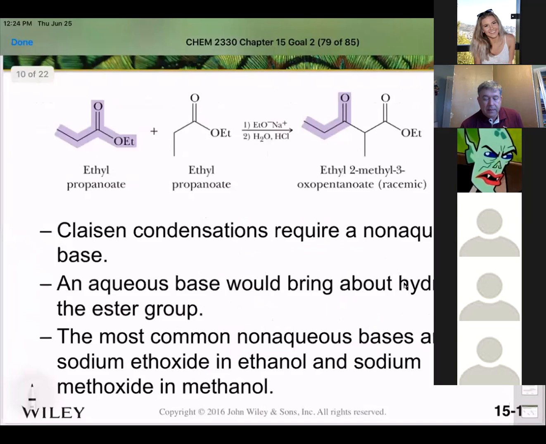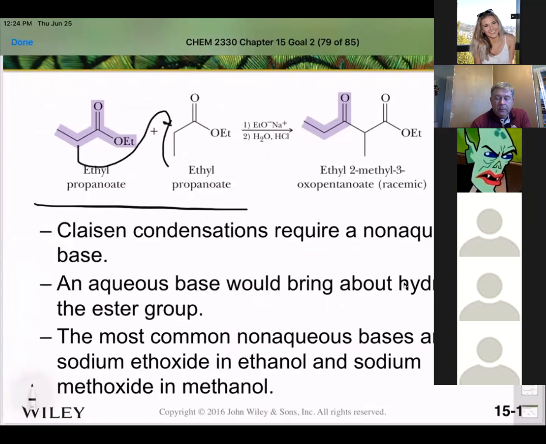It means you have two substrates and you selectively show which one's going to attack where. And that same thing happens in the Claisen condensation. Notice this one right here is two of the exact same materials. We're deprotonating here, and then it's attacking the carbonyl to give us our substrate here. Yeah, let me redraw that. We make our anion here, and then it attacks the carbonyl there, giving us our product.